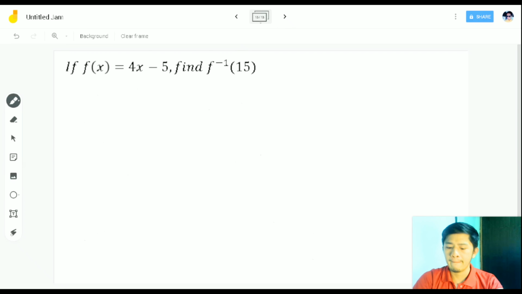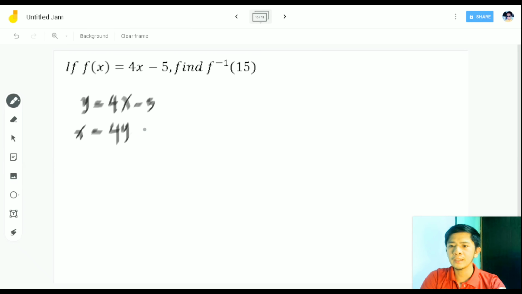Another example. If f of x equals 4x minus 5, find f inverse of 15. So again, let us find the f inverse of x. So to do that, change f of x into y. Interchange x and y. So this will become x equals 4y minus 5. Okay, let us solve for y in terms of x. So for y, minus 5 equals x.